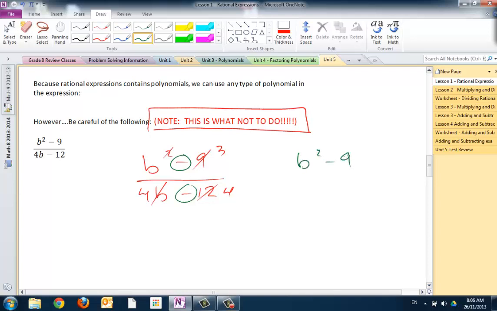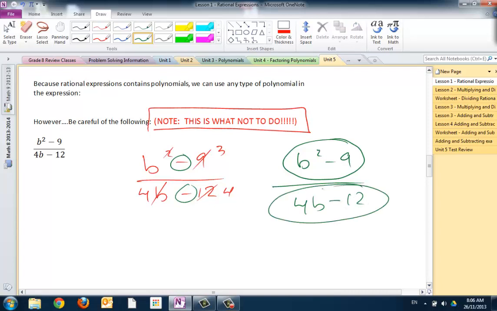So this b squared minus 9, I have to keep that as one chunk. And in the denominator, that 4b minus 12, because of that subtraction sign, I have to treat that as one chunk, one entire piece. So if I'm going to do any canceling, it has to be the entire piece that cancels into another entire piece. I cannot take the terms within the binomial or the trinomial and cancel them out separate from that polynomial.